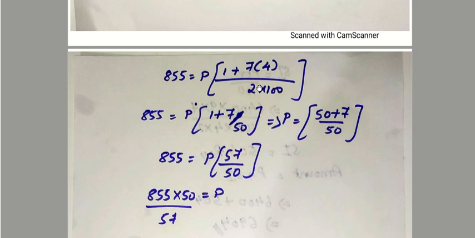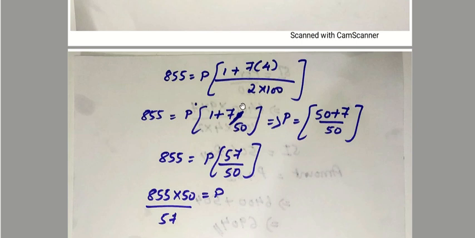So 2 1s are 2, 2 2s are 4, 2 1s are and 2 50s are. So you get 1 plus 7 by 50, which is equal to 50 plus 7 divided by 50, so 855 amount is equal to principal into 57 divided by 50.